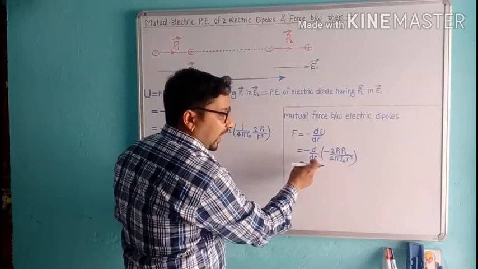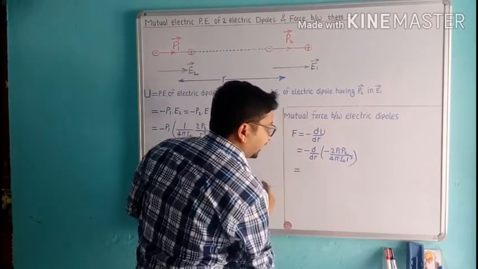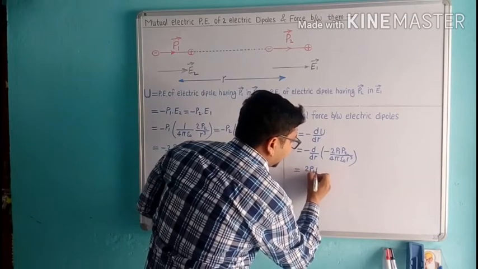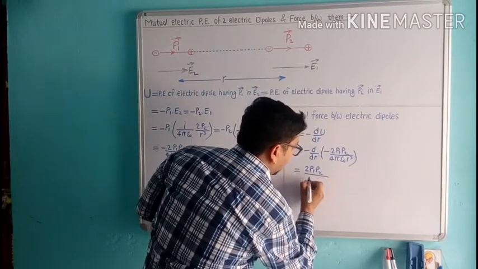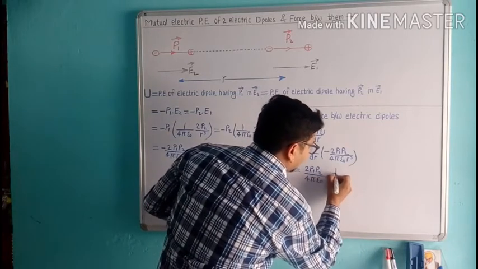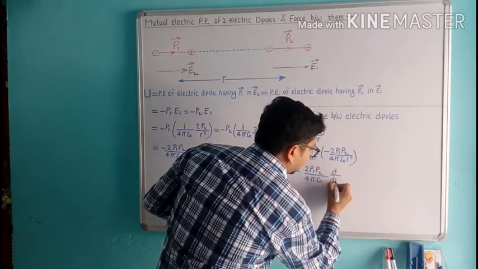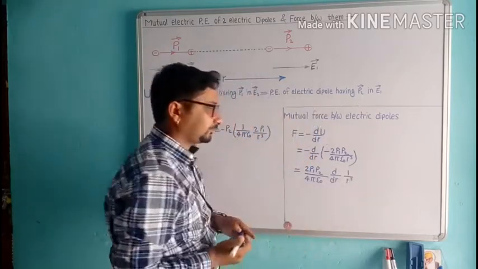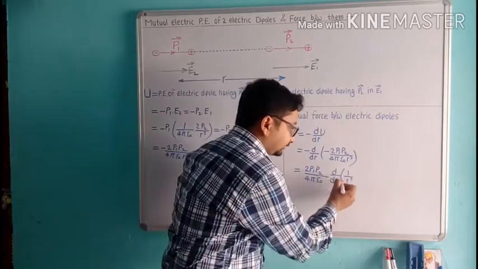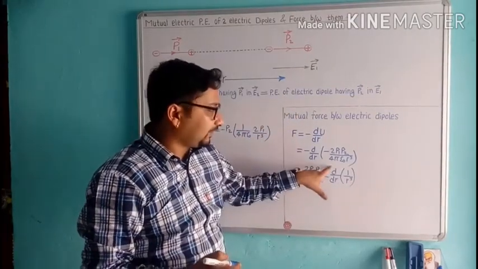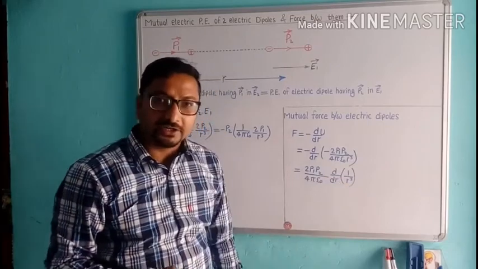Take the constant outside from the differentiation, we get minus minus becomes plus 2 P1 P2 upon 4 pi epsilon naught d by dR of 1 upon R cube. Okay, 2 P1 P2 upon 4 pi epsilon naught differentiation of 1 upon R cube.